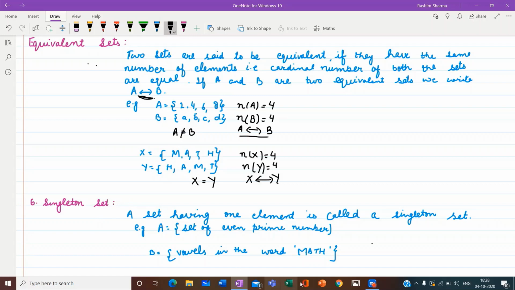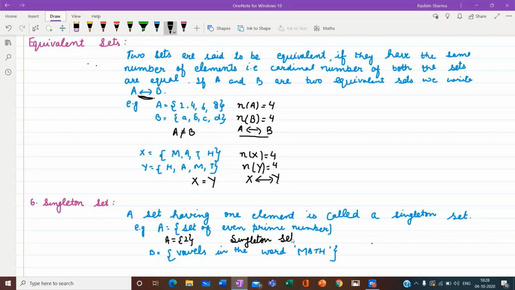A set having one element is called a singleton set, when there is only one element in the set. So this is an example, set of even prime numbers. Now we know there is only one even prime number, that is 2. So we will write A is a singleton set. Alright.